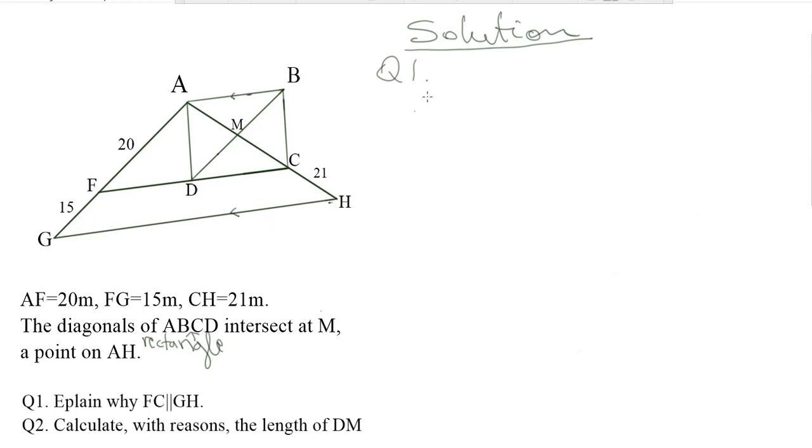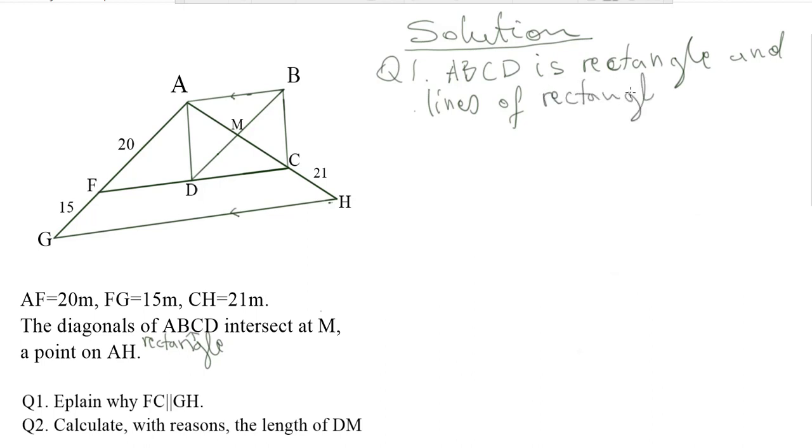The simple reason they are parallel is because ABCD is a rectangle, and the lines of a rectangle are parallel.